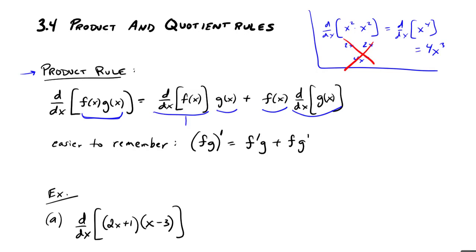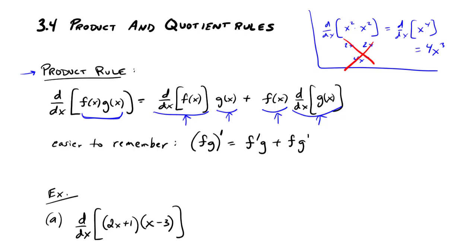So in the first one, we're taking the derivative of f, but leaving g the same. In the second part, we're leaving f the same and taking the derivative of g. So that's how it works, and actually you could do this for bigger products. If you had three of them, you would get three terms where each time one of the functions is having its derivative taken, and the others are being held the same.